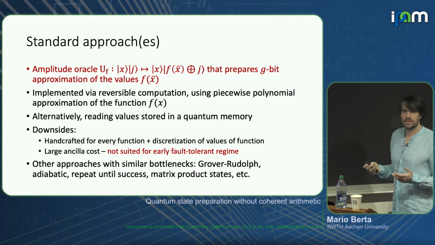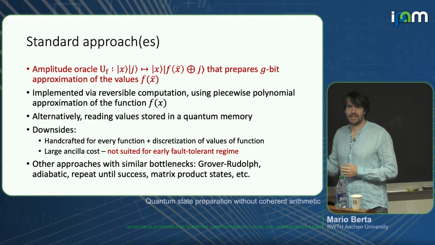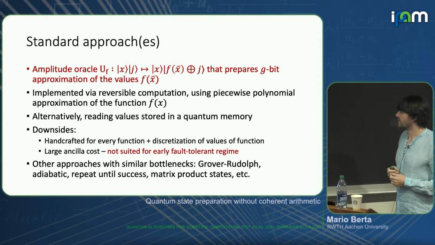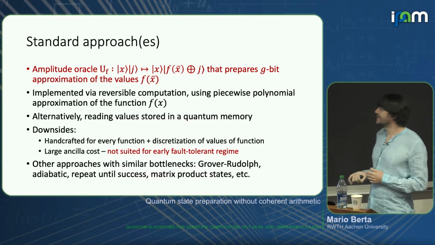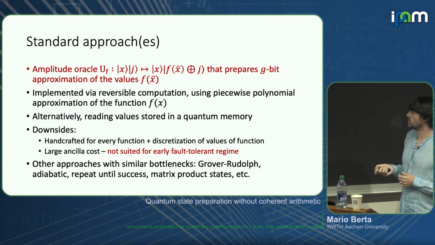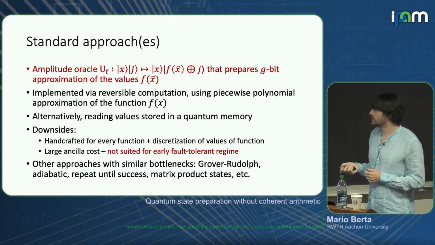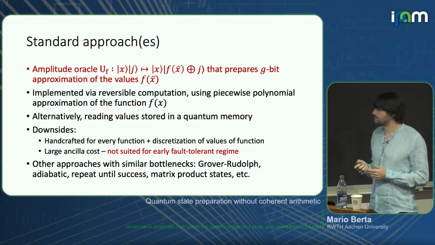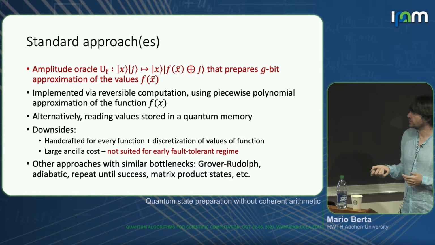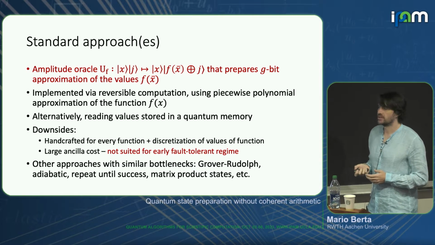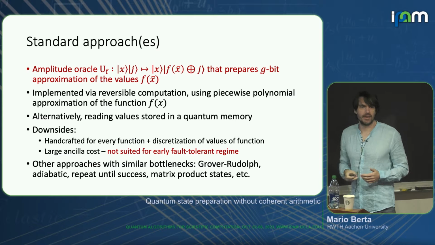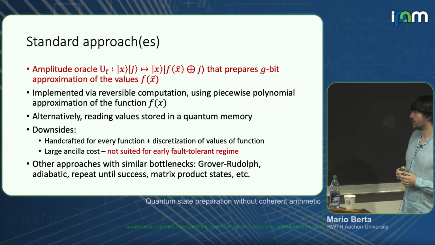There are other approaches. I won't have time to talk about them in technical detail, but there's something called Grover-Rudolph. There's adiabatic state preparation, repeat until success. So I would say these first three approaches all have similar downsides to the plain amplitude oracle model.